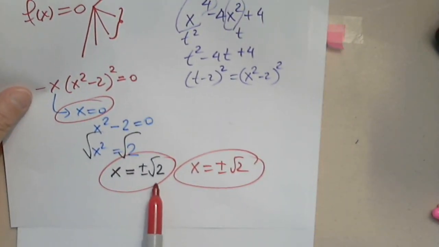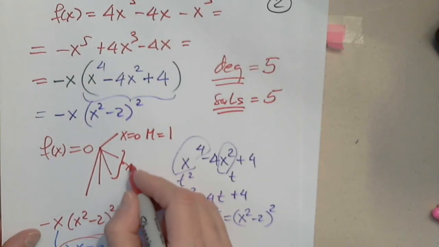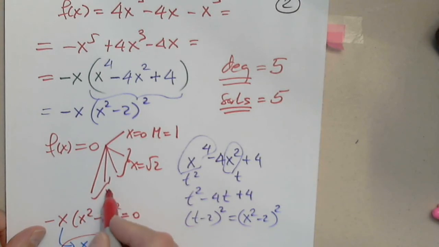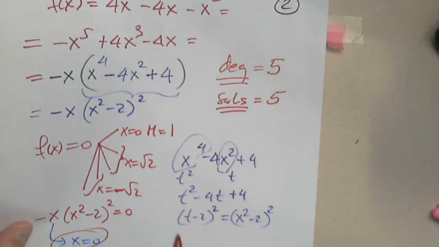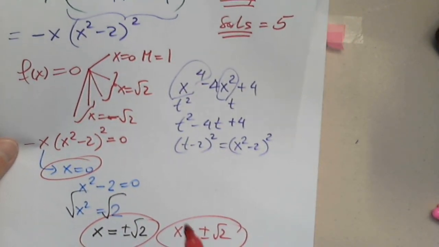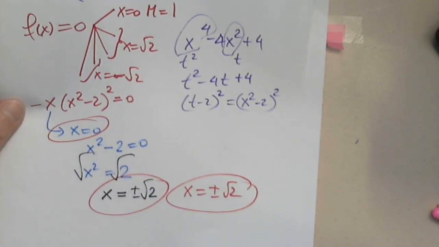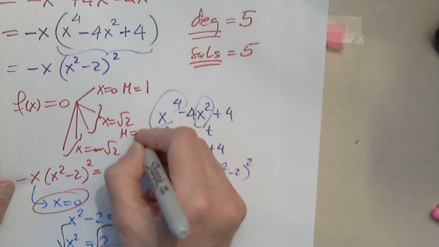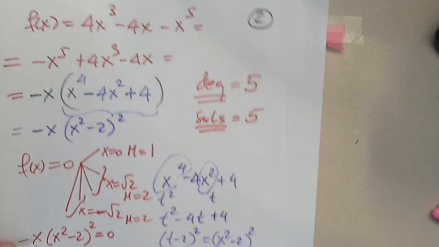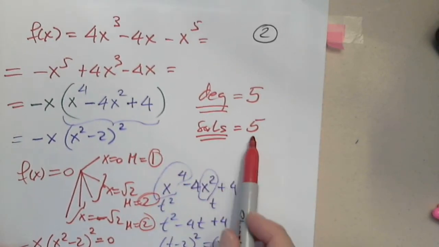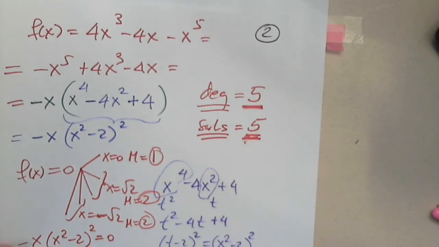X equals the square root of 2. And x equals negative the square root of 2. How many of this? How many of this? 2. Remember, 2 plus 2 plus 1 has to equal the degree and the number of solutions.